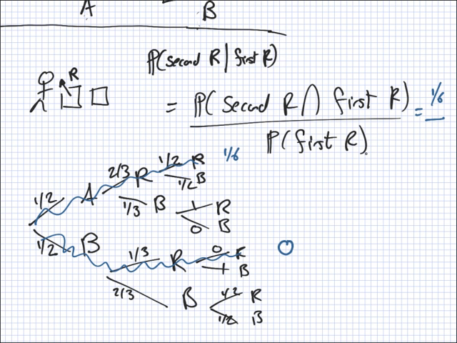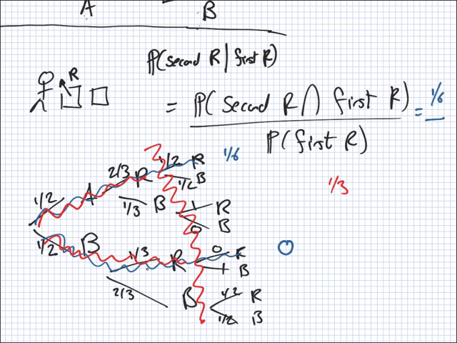Over, okay, what's the probability that the first one is red? How many ways can we do that? We can go A and a red, or B and a red. I don't care about the rest of the tree, because I'm just looking up to the first one. A and a red is a half times 2/3, which is 1/3.